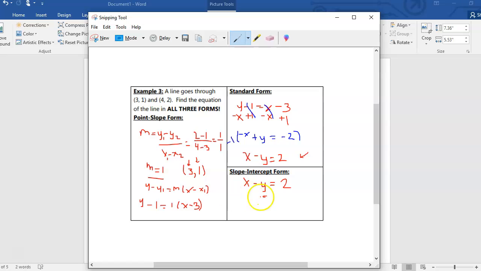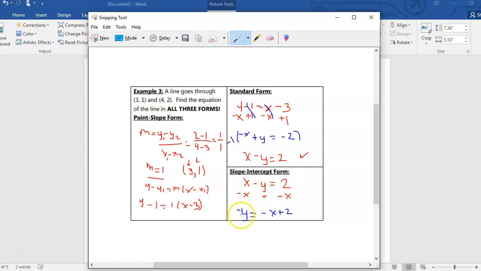Meaning I'm going to subtract my x over, okay, and get the y by itself. So I'm going to subtract x on both sides. All right. And what happens here is I end up with a negative y equals negative x plus 2.